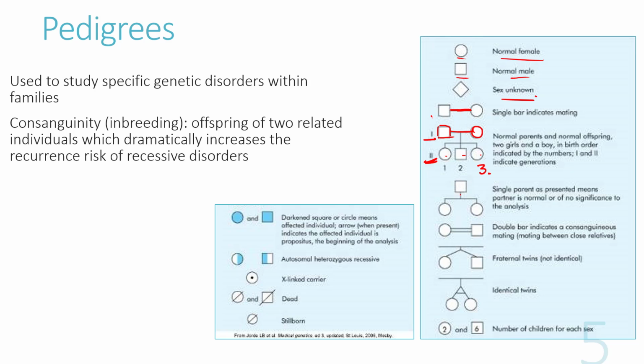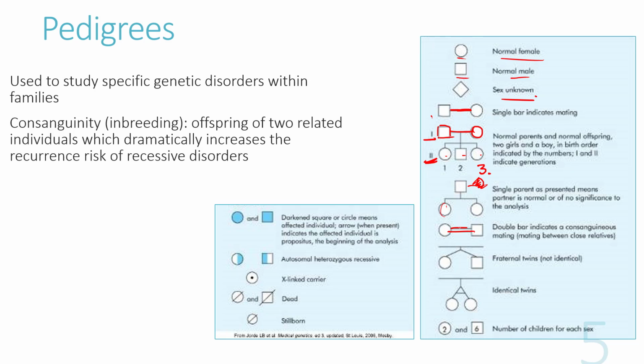So if you have a single parent, it doesn't mean that these 2 girls are formed from 1 male. It just means that the mom is normal and therefore has no significant impact on the outcome of the children, right?